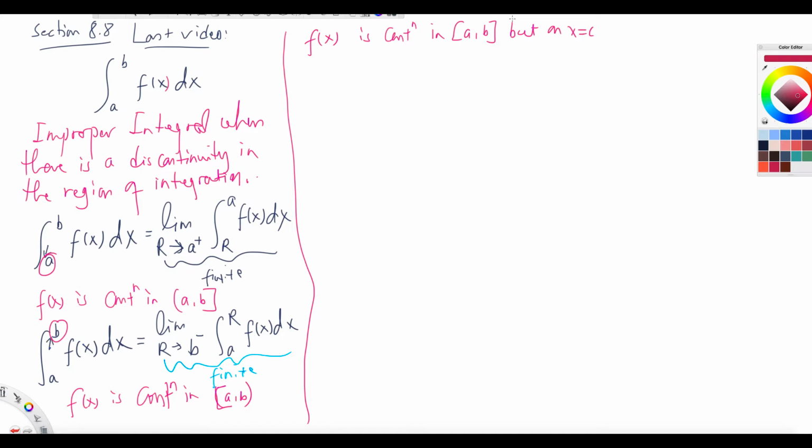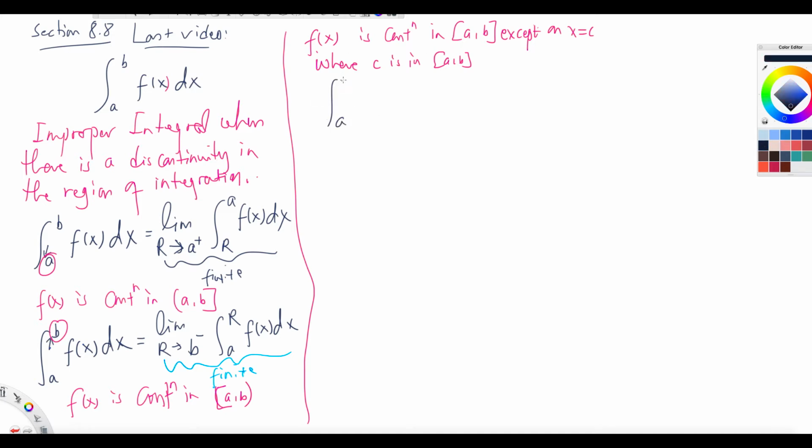Okay, I should say f(x) is continuous in the closed interval a to b, including the boundary, except at x equals c, where c is in the interval ab. If the function is continuous everywhere in the ab interval including the boundary, but not at a point c where c is inside ab. Okay, so in that case, how do you handle that?